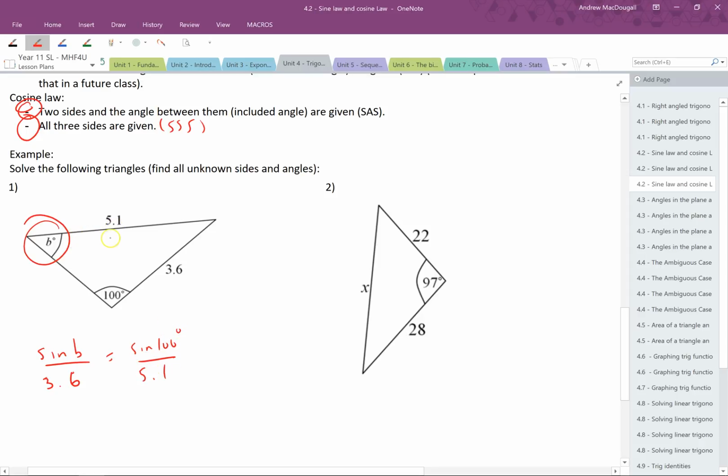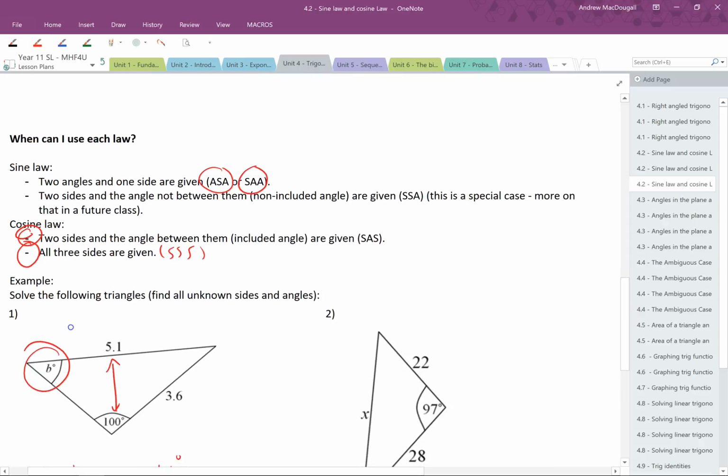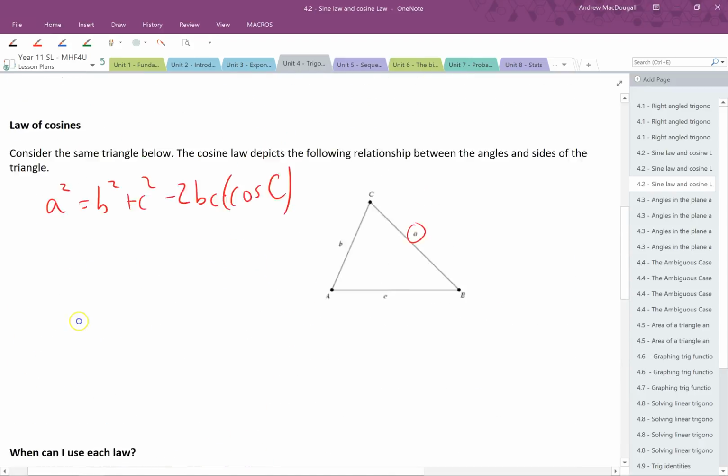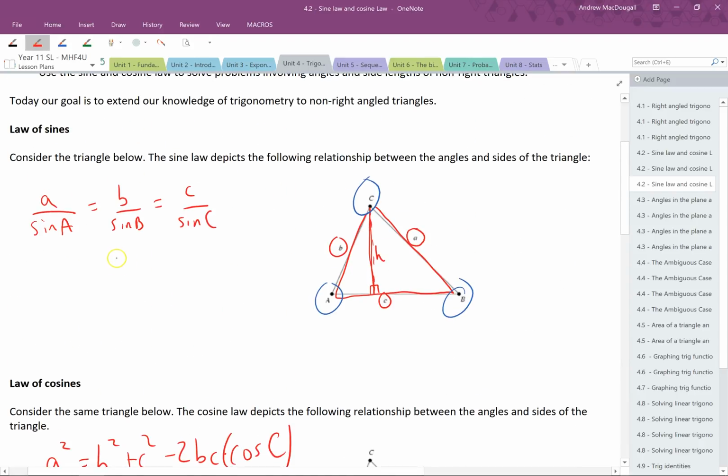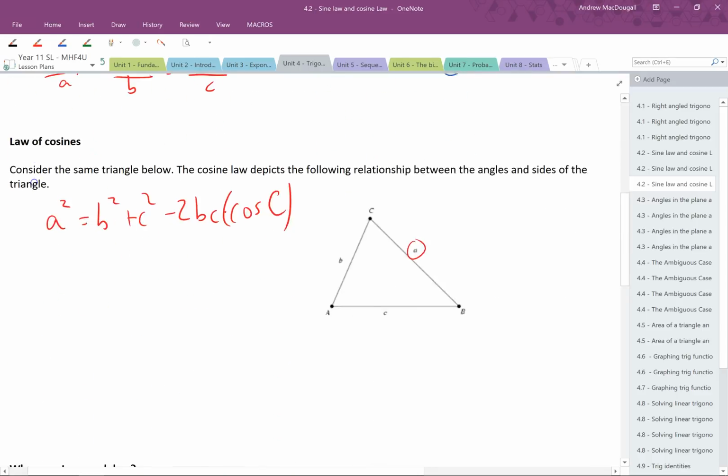Remember, when you have pieces of information across from one another, the sine law is often quite useful. And I'm just going to remind you, both of these forms of the sine law are true, as long as you're consistent with whether angles or side lengths are on top. So whichever is more convenient for you.